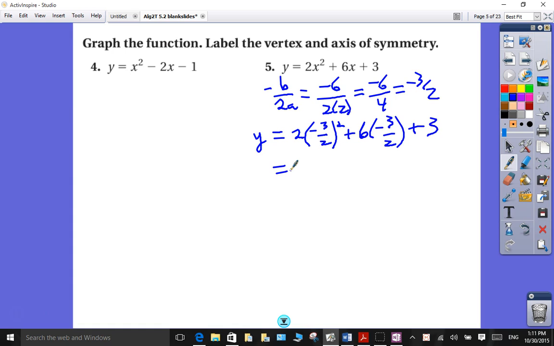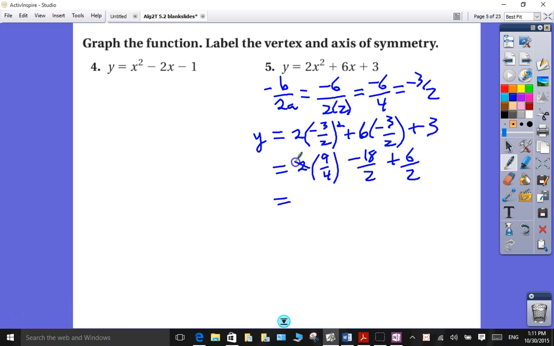At this point, if you had to calculate this, understand that you do have a calculator in your hand, so don't get it wrong because of that. So this will be 2 times 9/4 minus 18 halves plus, I'm going to turn this into halves because I see it's coming, 6 halves.